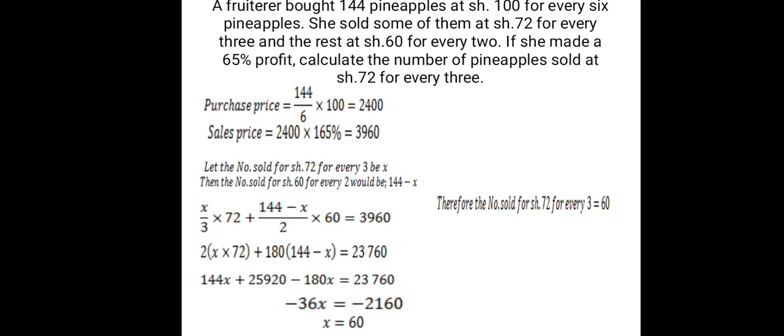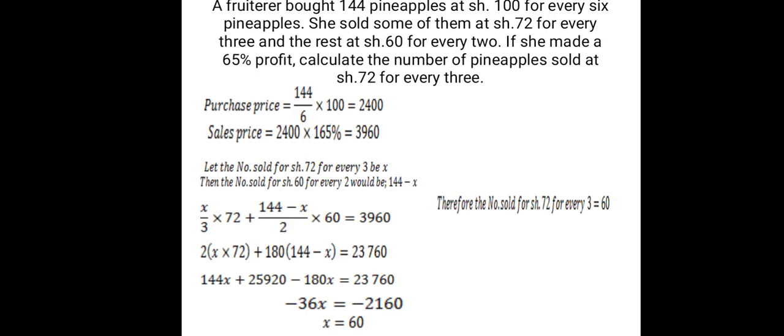Now, let the pineapples that she sold for 72 shillings be x. And since there were 144 pineapples, the pineapples she sold for 60 shillings for every 2 will be 144 minus x. Now, we can use that to get the total amount she got from the pineapples.